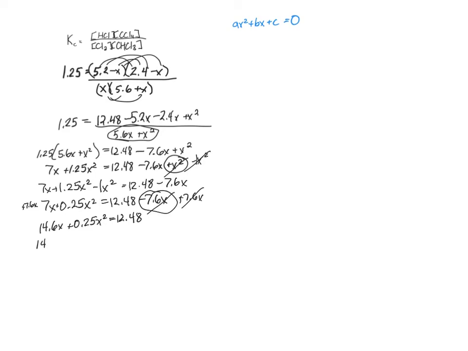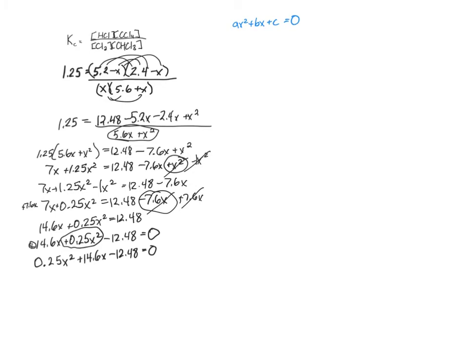It will take 14.6x plus 0.25 x squared minus 12.48 is equal to nothing now on the right, 0. So let's take 0.25 and put it out in front so it's positive. So we have positive 0.25 x squared, and this is a positive 14.6. So plus 14.6x minus 12.48 is equal to 0. And there we have our quadratic expression.